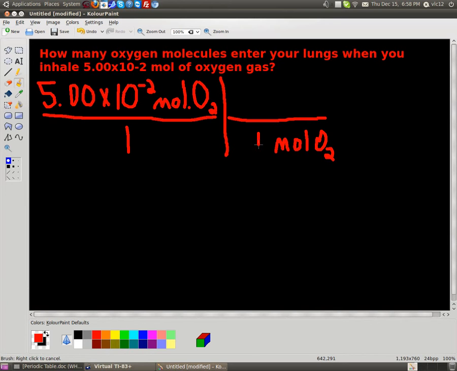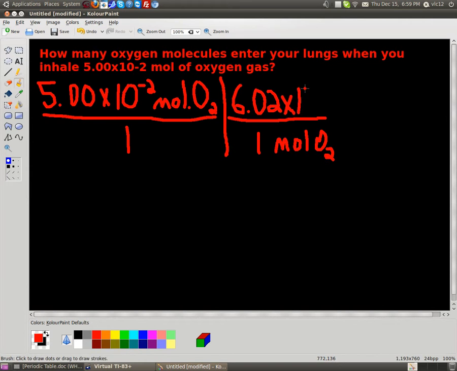Well, we know that 1 mole of any substance, no matter if it's oxygen gas, or gold, or aluminum, or 1 mole of Superman or Scooby-Doo, no matter what, it's going to be 6.02 times 10 to the 23rd.